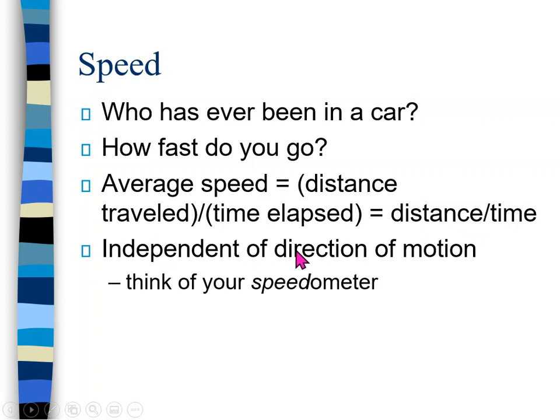So you think of your speedometer. I mentioned the speedometer earlier. The speedometer tells you how fast you're going. It does not care about what path you're taking. Generally speaking, the components in your car do not care about the direction you're going in.